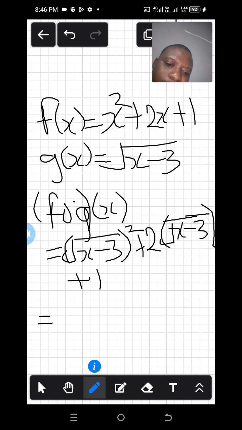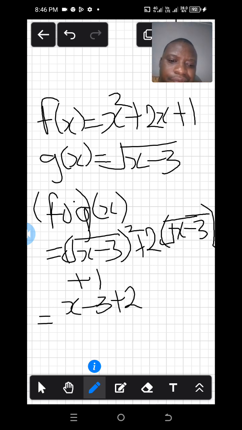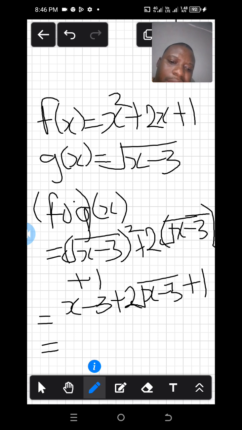When we square the square root, we'll have x minus 3 plus 2 square root of x minus 3 plus 1.